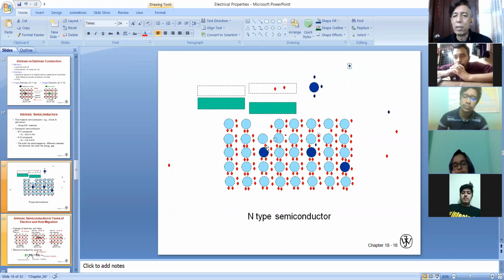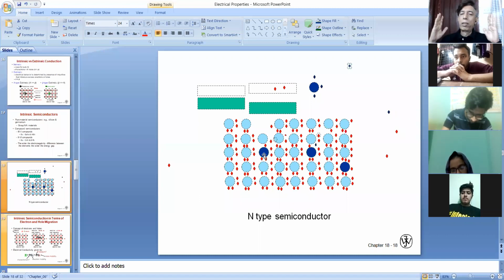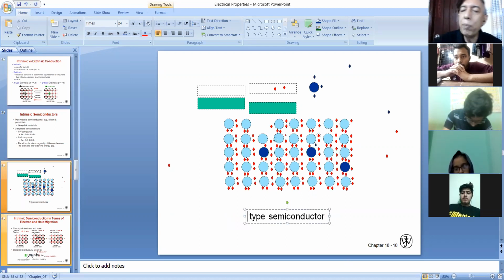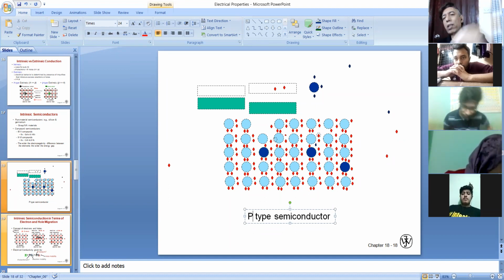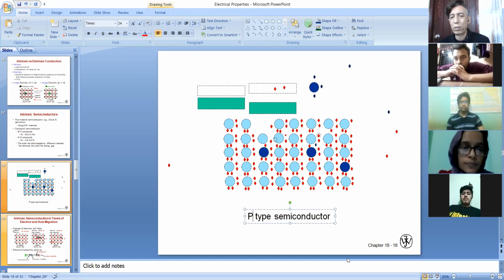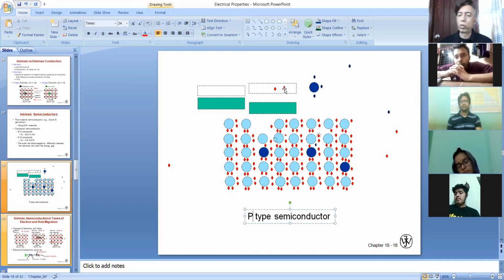So the majority carrier is positively charged. So it is a p-type semiconductor. And the minority carrier is electron because it has 2 electrons.